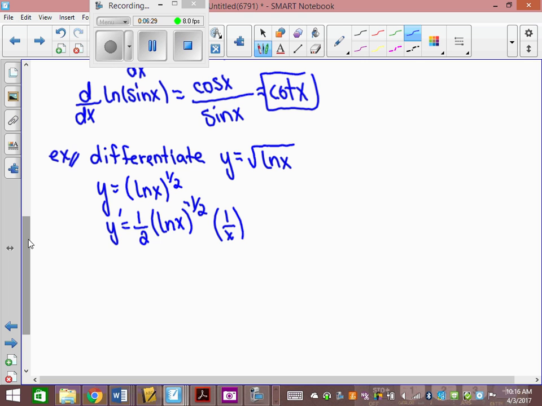So we'd write that as y prime equals 1 times 1, so we have a 1 on the top. On the bottom, we'd have a 2 and an x, and we'd have ln x to the 1/2. So that could be written as 1 over 2x square root ln x.